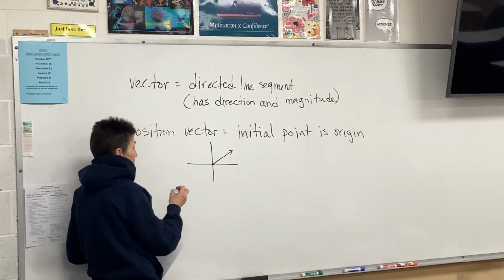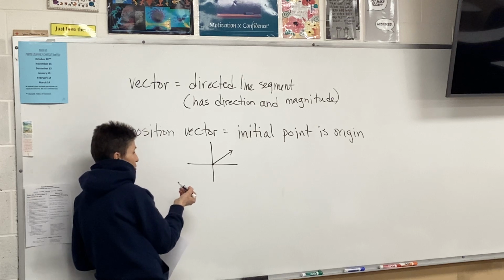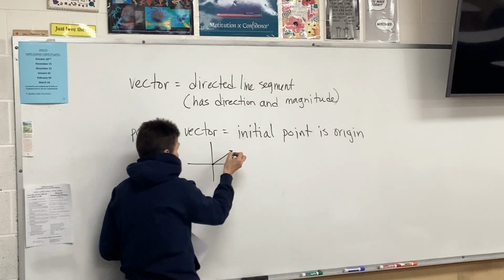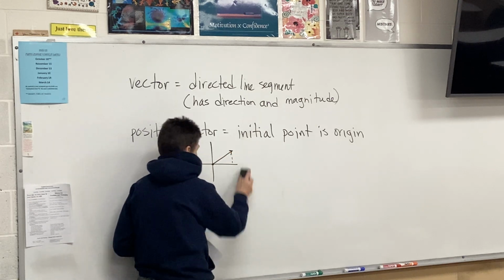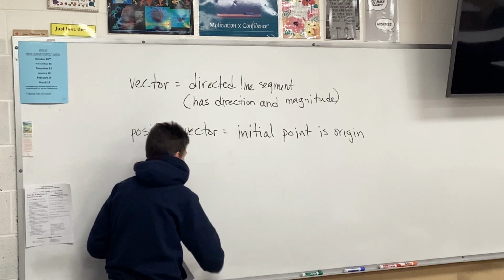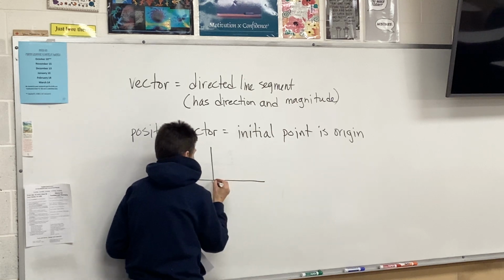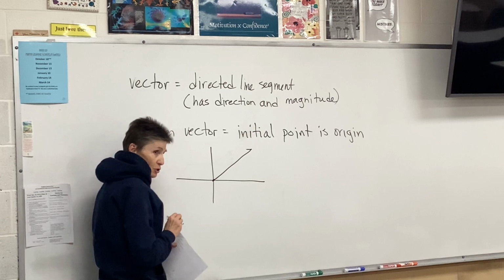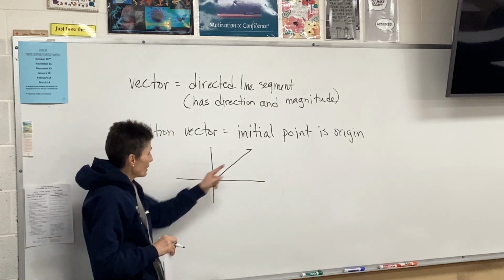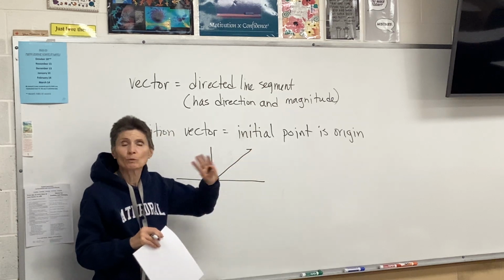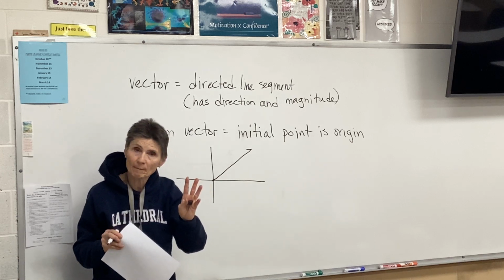Vector components. So let me just look at this vector I just drew, this position vector. Here's my position vector. And we often put just one tip on there. It really doesn't matter. I don't want you to get all hung up about it.